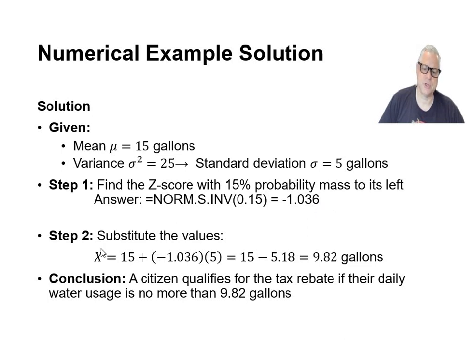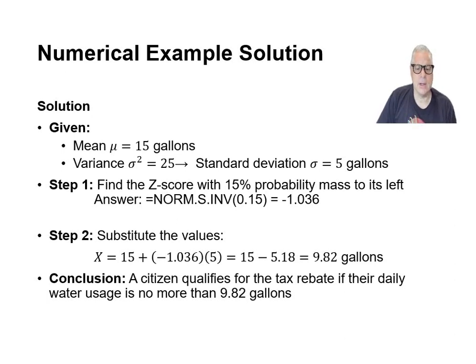Then we substitute the values and our critical X, the level of water consumption, is 15 minus 1.036 times the standard deviation, and when rounded to 2 digits we get 9.82. So a citizen qualifies for the tax rebate if their daily water usage is no more than 9.82 gallons, or 9.818.